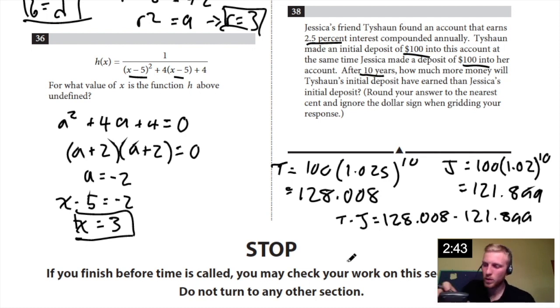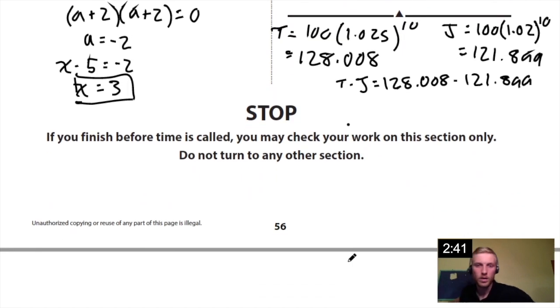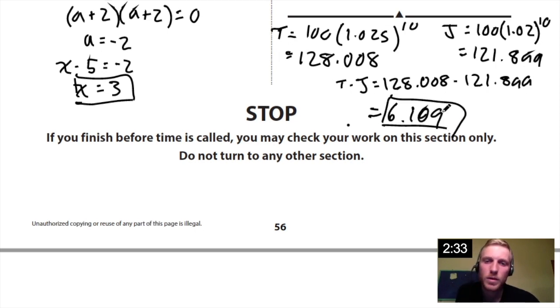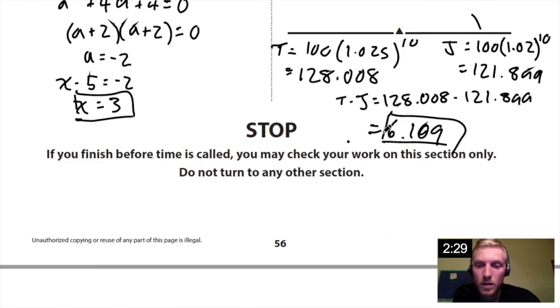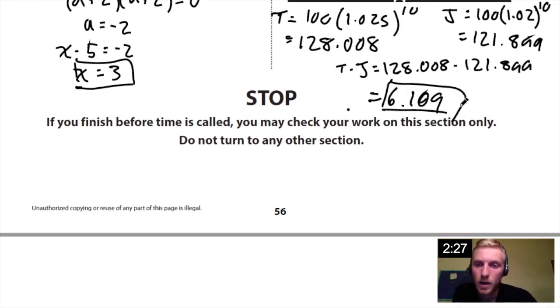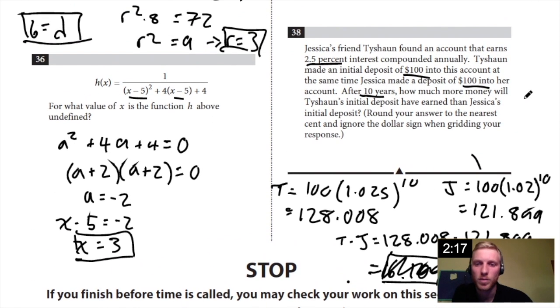So that is 6.109. That should be our final answer. To the nearest cent, sorry, 6.109 should round to 6.11.